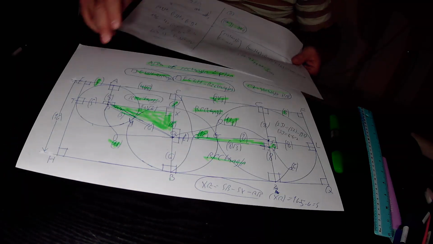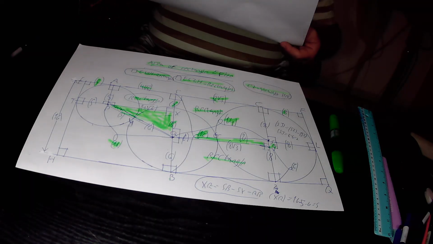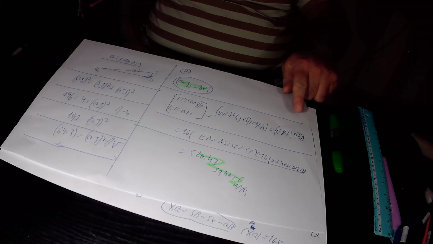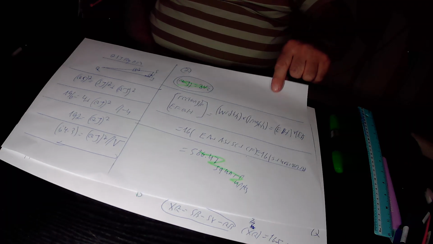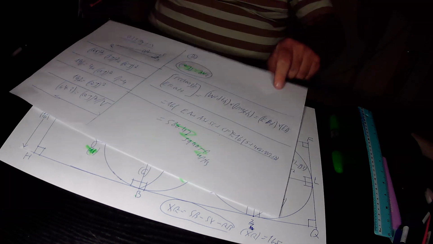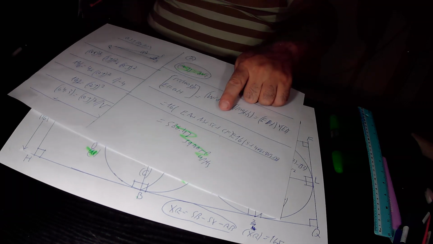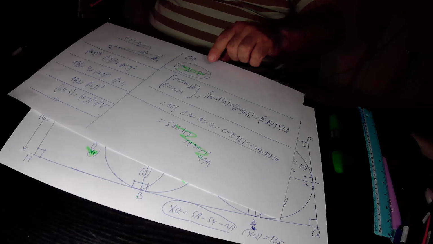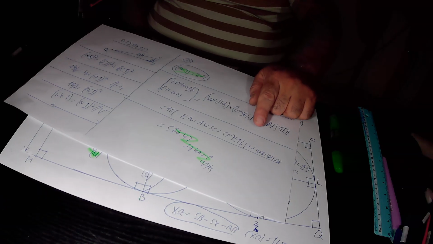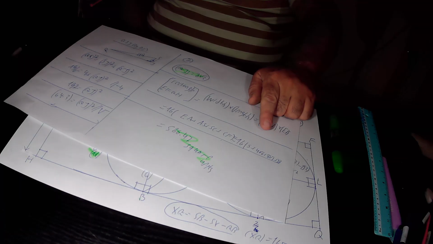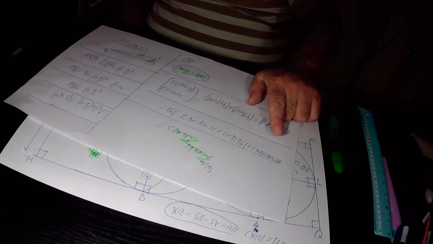EH is 16 and EF in total equals EA plus AS plus SC plus CF. So the total area of rectangle EFQH equals 16 times EA, which is 5, plus AS, which is 4 times square root of 6, plus SC, which is 8 times square root of 3, and CF, which is 8.